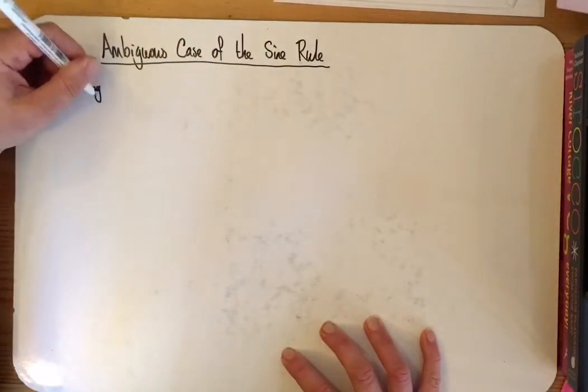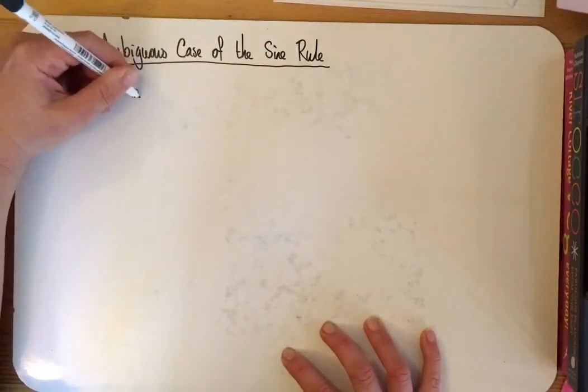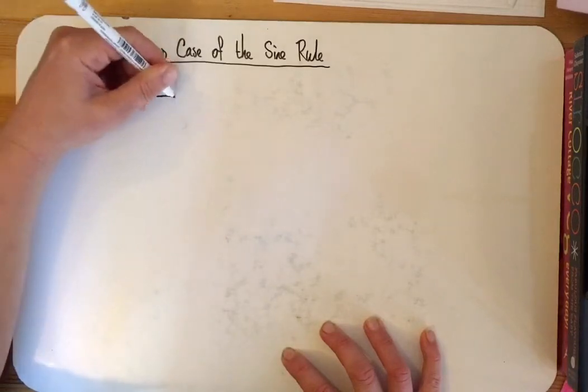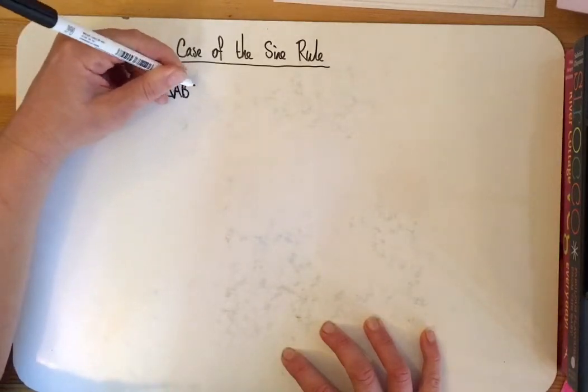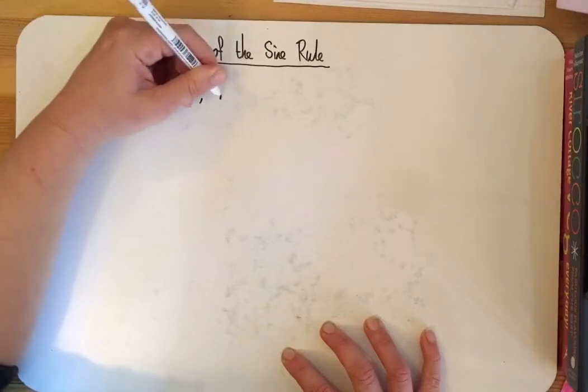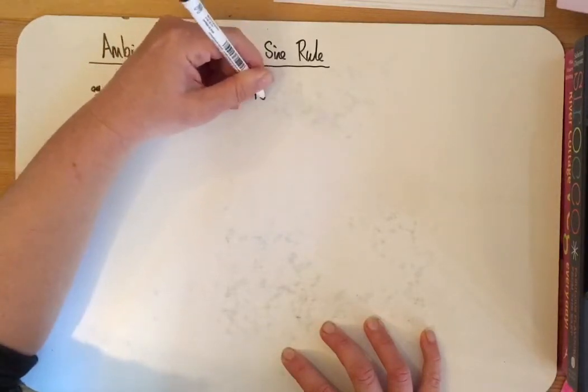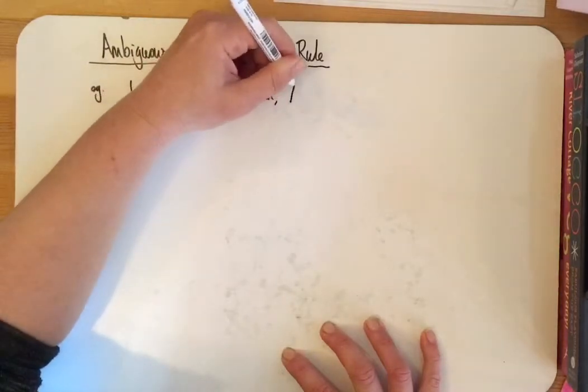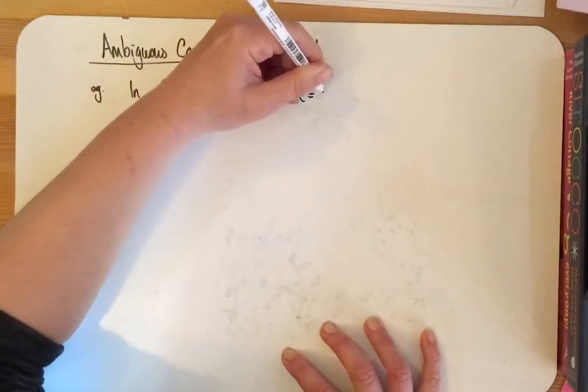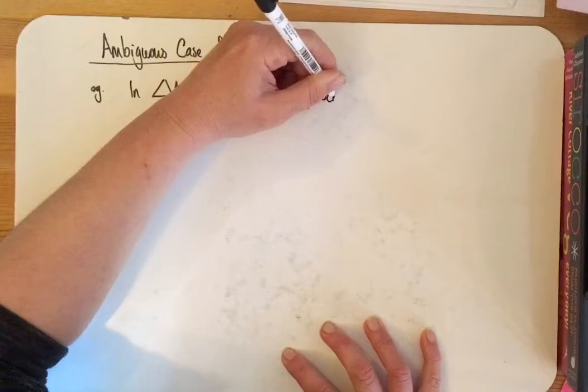So as an example, we've got triangle ABC. AB is equal to 4 centimetres. AC is equal to 3 centimetres.